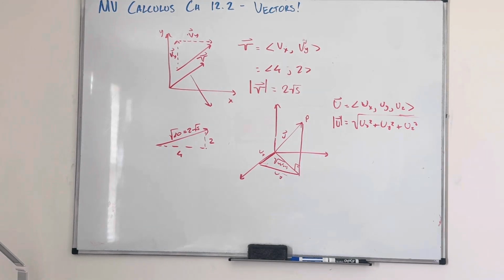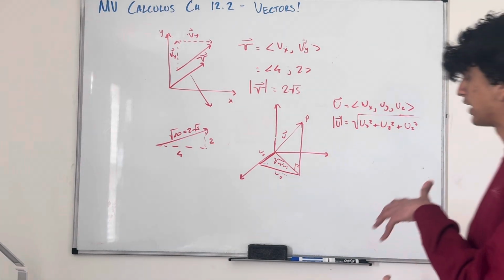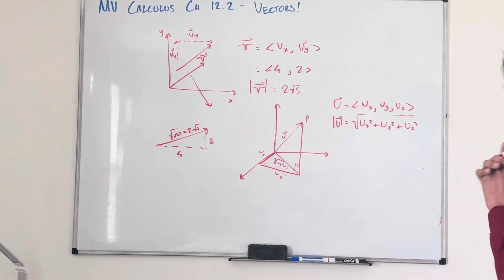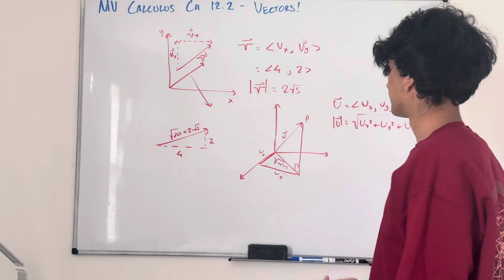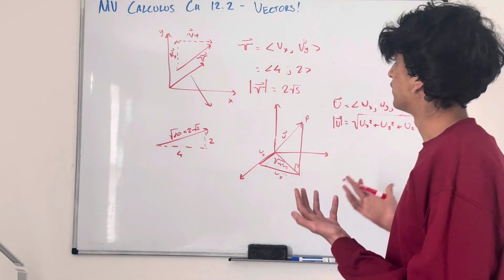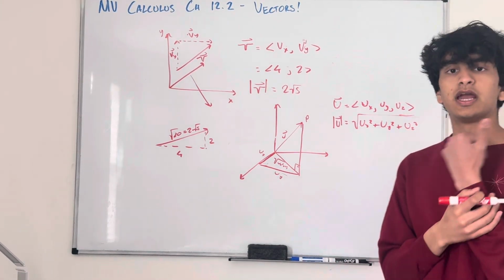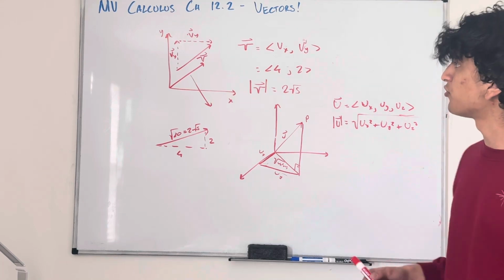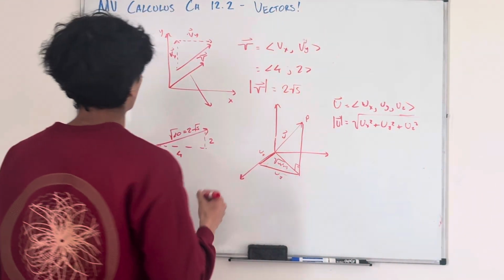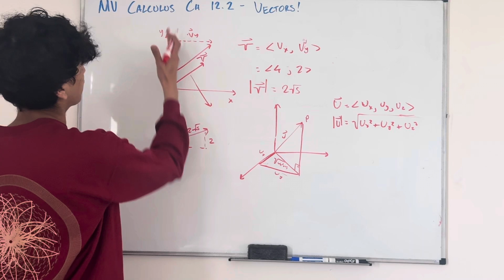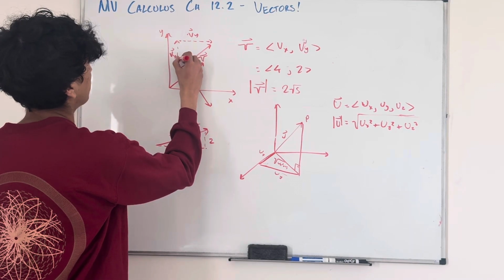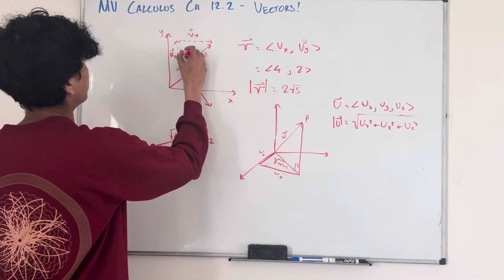But yeah, that's really the essence of components, right? And another thing is, you might not always know the components, but you might know the magnitude and an angle. Maybe you know that the angle from the vertical is, let's just say, 30 degrees.